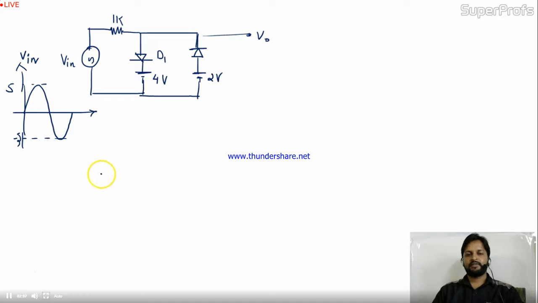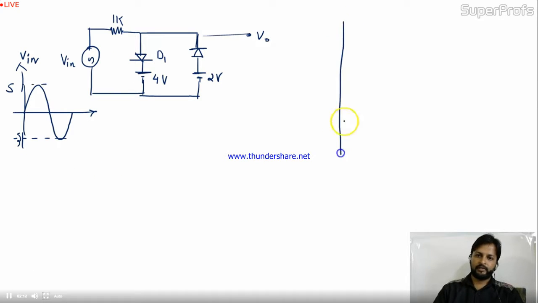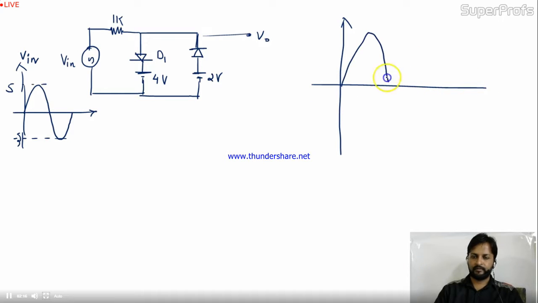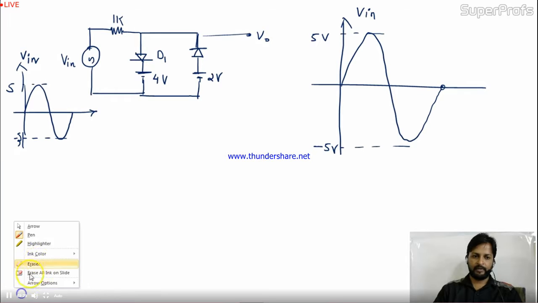Now I have to draw the output. Before that, let me take the input waveform. This is the input waveform given, plus 5 to -5. This is V in. Here only I'll draw the output waveform.